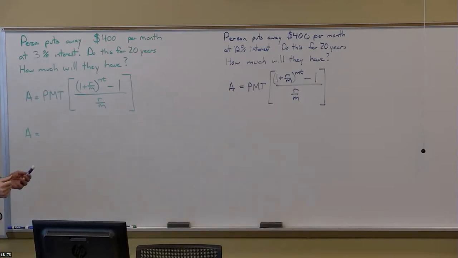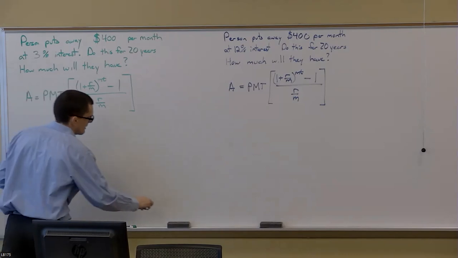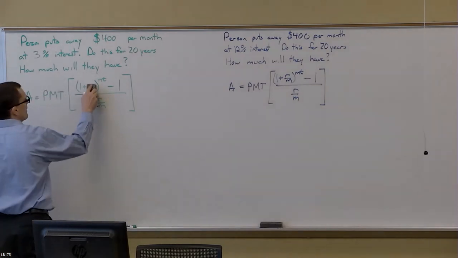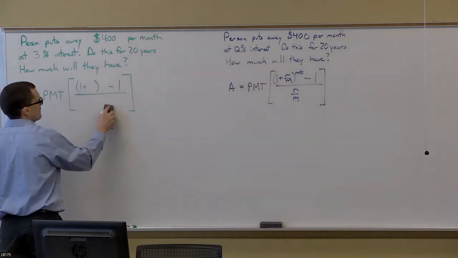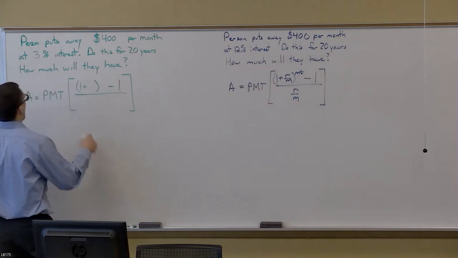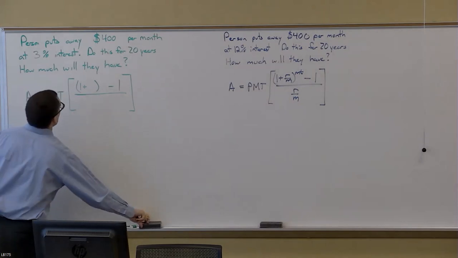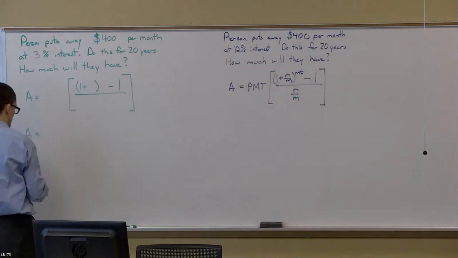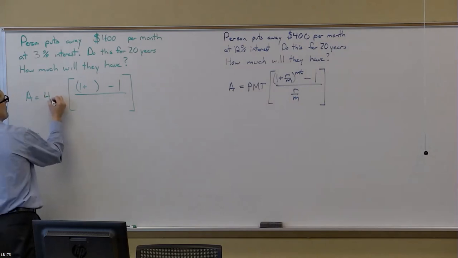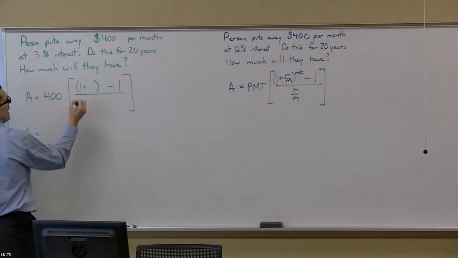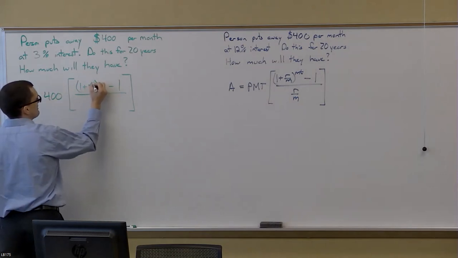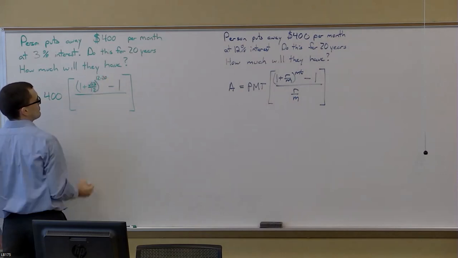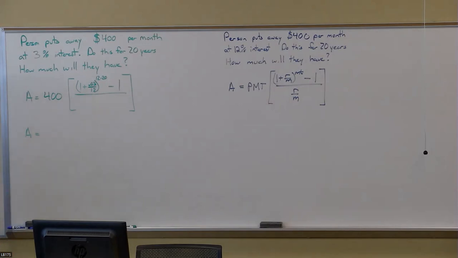So, again, people are doing real well on this, so let me keep it moving. We're going to put in $400. One person puts in $400 per month at 3% interest for 20 years. My exponent is going to be 12 times 20, which is 240, when I type it into my calculator.